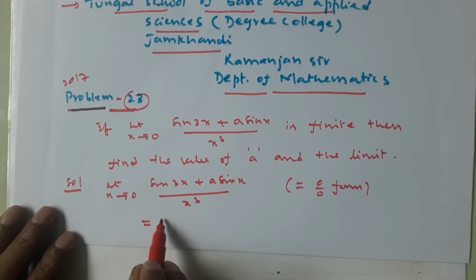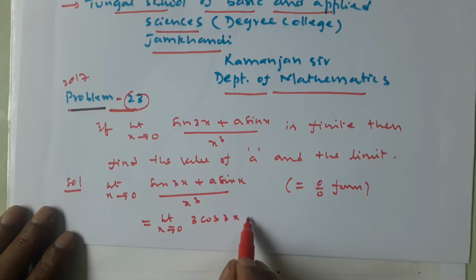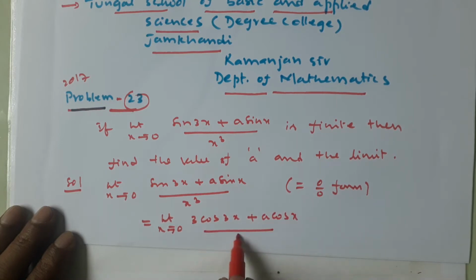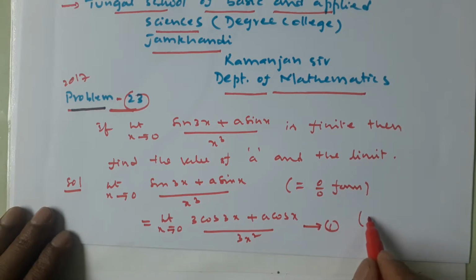This becomes limit x tends to 0 of (3 cos 3x plus a cos x) divided by 3x square. Take this as equation 1, after applying L'Hospital.